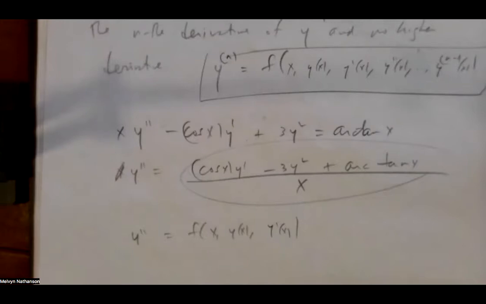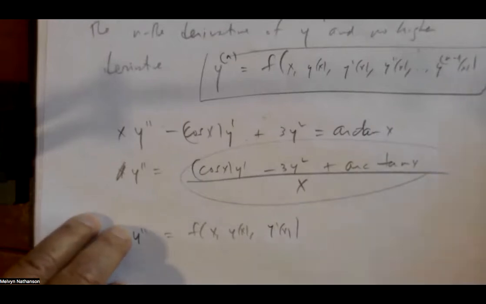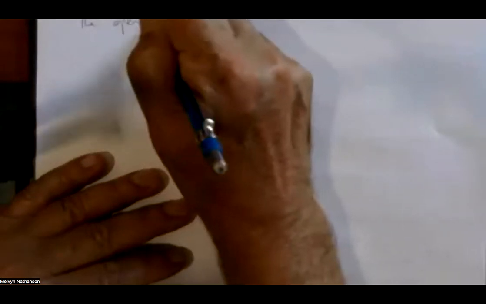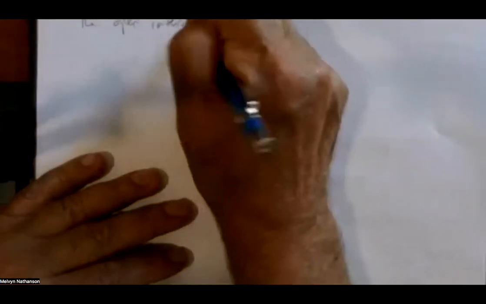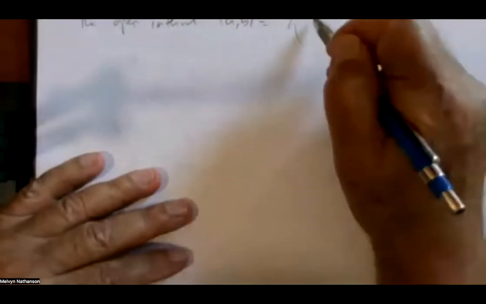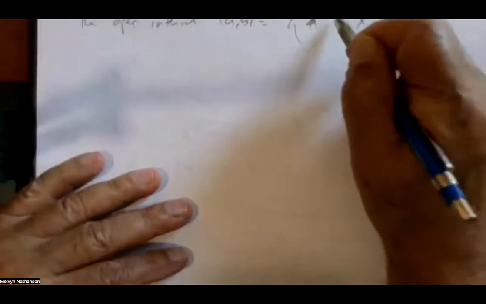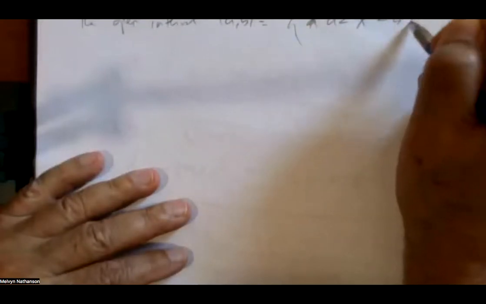Now, we usually look for what are called solutions of a differential equation on an open interval. The open interval (a, b) is the set of all real numbers x such that x is strictly greater than a and strictly less than b.